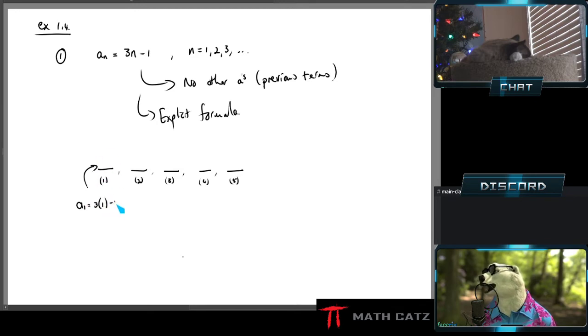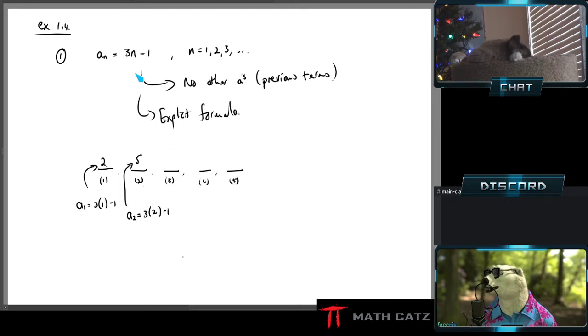Put in the value of n. I get 3 times 1 minus 1, which is 2. Find this one, second position. That is A2. n is equal to 2 for my immediate purposes now. 3 times 2 minus 1 is 5.